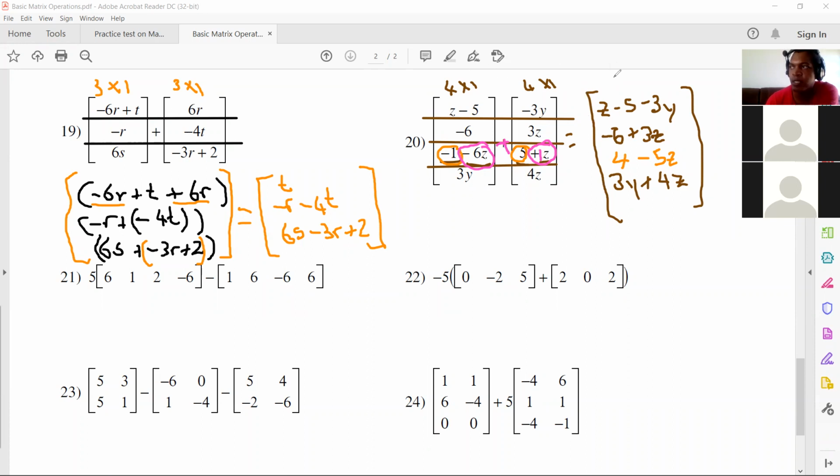So the matrix over here is still going to be a 4 by 1, 4 rows, 1, 2, 3, 4, and 1 column. Although there are different terms inside there, they each form one placeholder of a number that we have. And those are the 2 questions from Lloyd.